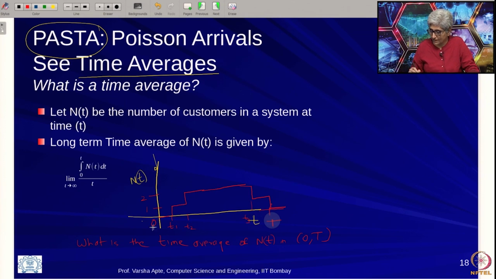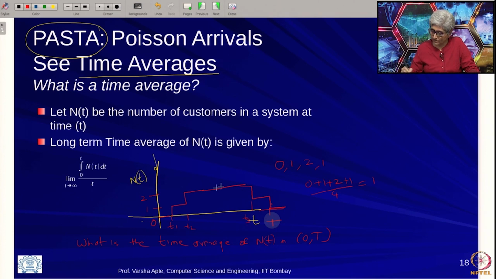The time average here is basically, if we were just going to take an arithmetic average, we have one sample of 0 here, then N(t) was 1 for some time, then it was 2 for some time, then it is 1. At the end of this T it ended with 1. So a simple average here would be 0 plus 1 plus 2 plus 1 divided by 4, which is actually 1.